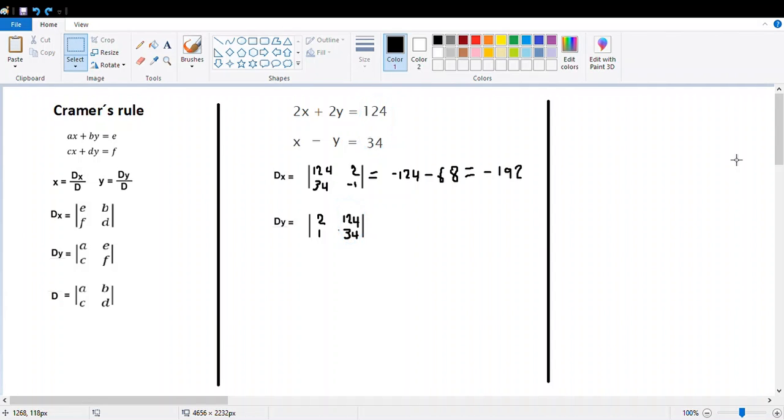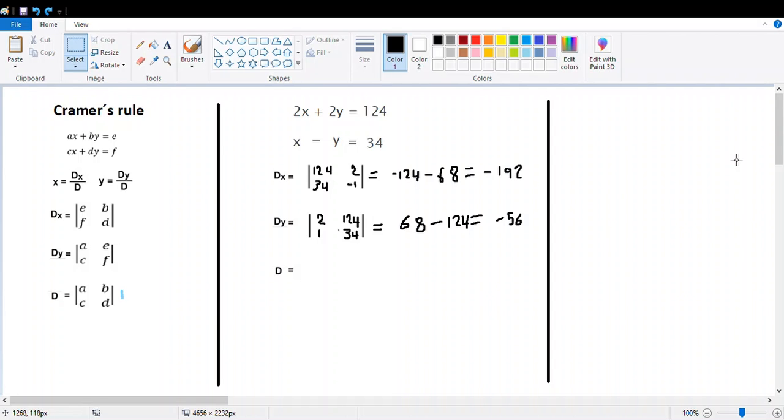Exactly the same way to find the determinant, multiplying the first diagonal and the second diagonal. The first diagonal is 2 times 34, which is 68, minus, because it's always minus, the second diagonal, 124 times 1, which is 124, and of course it's going to be equal to -56.